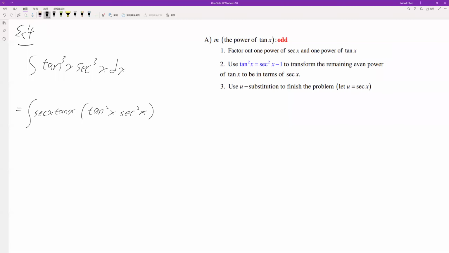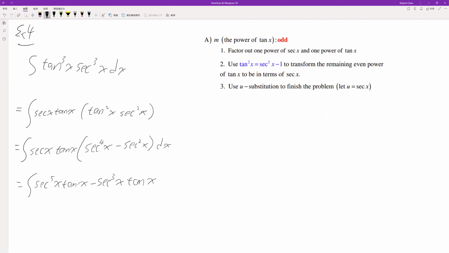So remaining we have tangent square, where I replace that with secant square minus 1. So we have secant x tangent x, and then secant square minus 1 times secant square, so secant to the 4th power minus secant square. All right, and then distribute that. We get secant to the 5th power x tangent x minus secant to the 3rd power x tangent x dx.